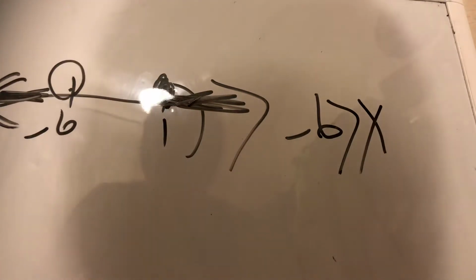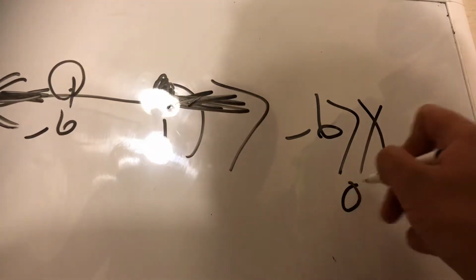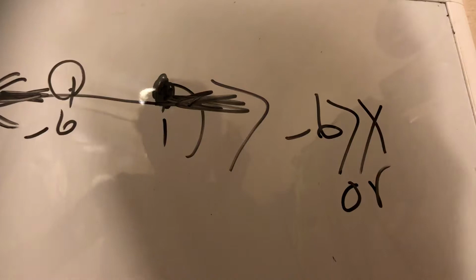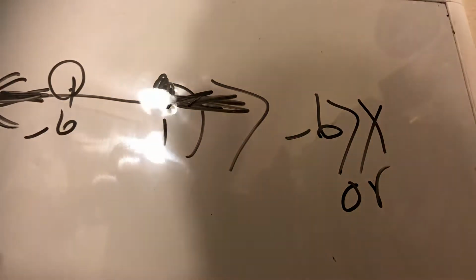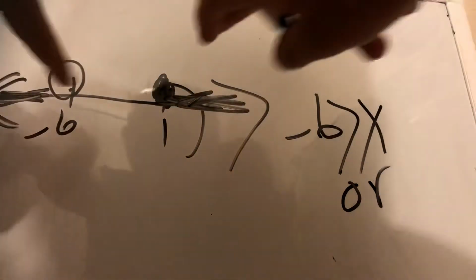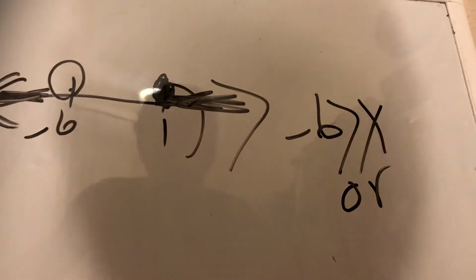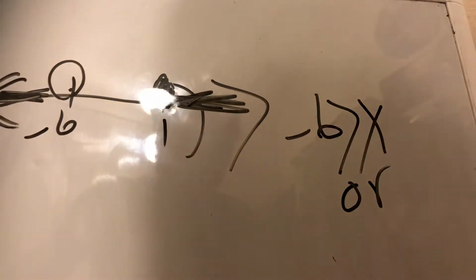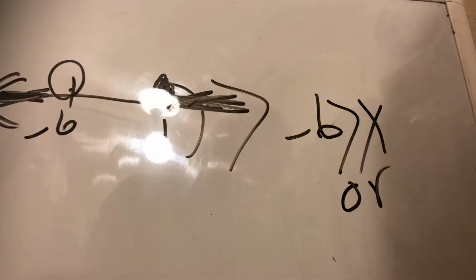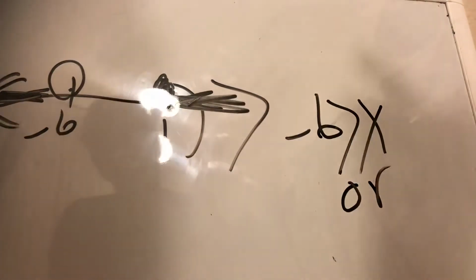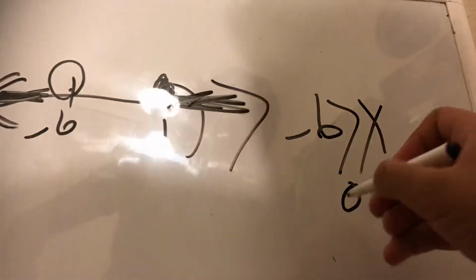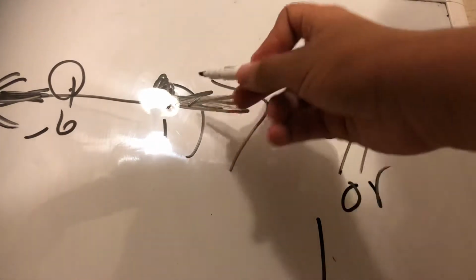Here is different because we need to say "or" because we have two equations. Each one is separated from the other, going the other way, so it means we have this equation or we have the other equation. And then we're gonna say 1 because this is the 1.